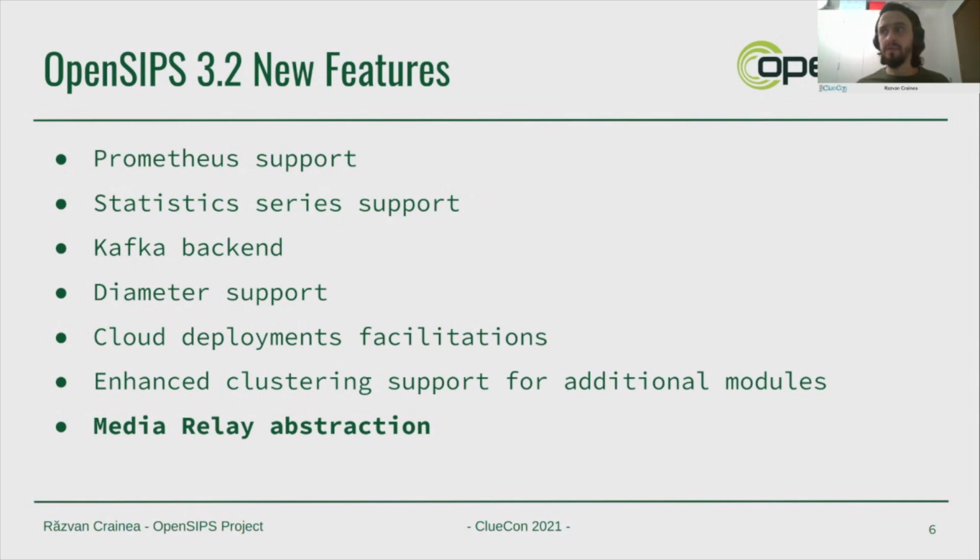All you have to do is run OpenSIPS, load the module, and you'll have all the statistics that OpenSIPS exposes. We also added some extra statistics series because most of the time you don't really want instant statistics, but you want to get the history of how a particular statistic, for example, concurrent calls per gateway, worked. This is now available in OpenSIPS 3.2.